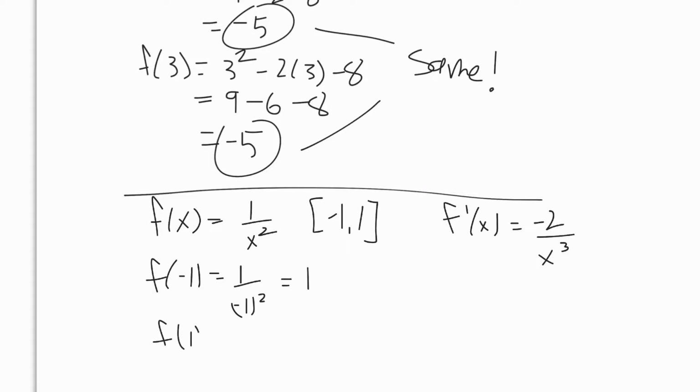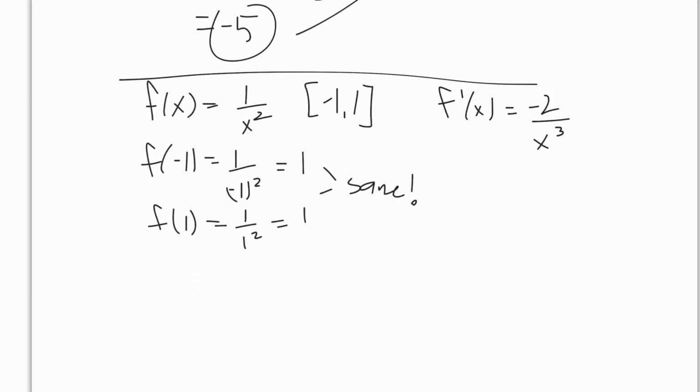And if you do f of 1, you get 1 over 1 squared, which is still 1. These are the same. So wait a minute. These are the same, but we're not getting a derivative of 0. What's going on here? What's different about the first function than the second function?